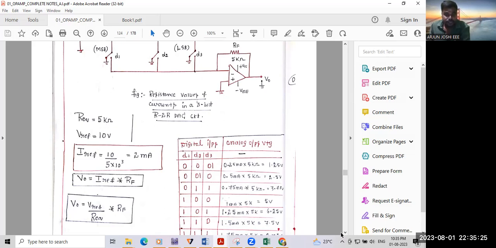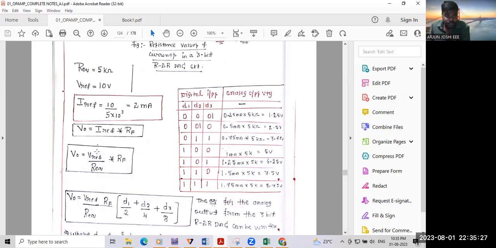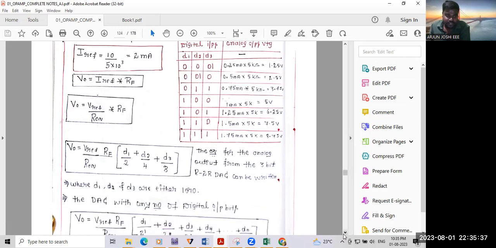Now V naught is equal to V reference divided by R equivalent into RF, that is the output voltage equation. Then you need to consider the digital inputs: D1 divided by 2 to the power of 1 plus D2 divided by 2 to the power of 2 plus D3 divided by 2 to the power of 3, that is 4, 2, 1, 8.